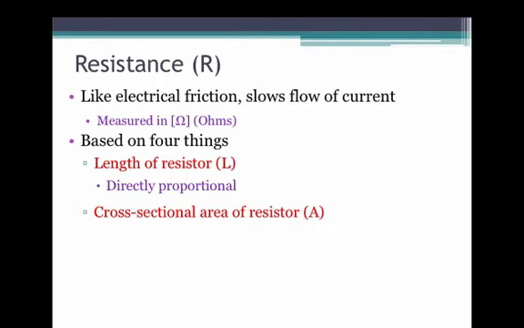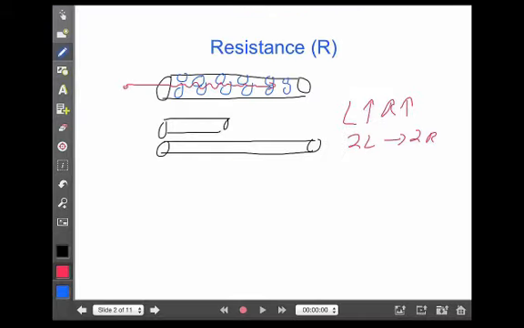The second thing is called the cross-sectional area. And what do I mean by that? Well, a wire generally has a circular shape, and the cross-sectional area is the shape of the opening, if you want to look at it that way.